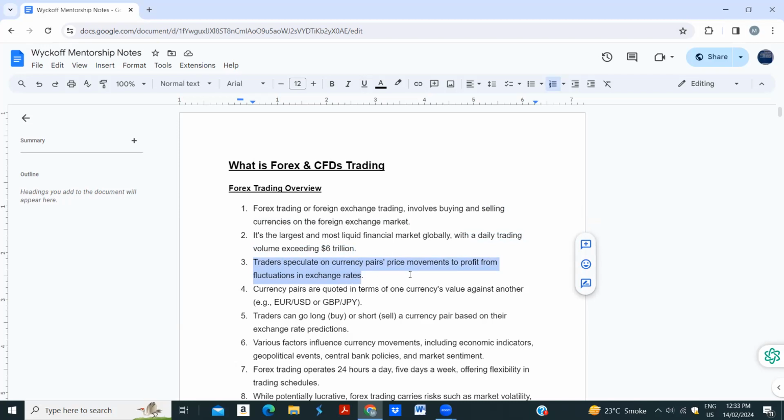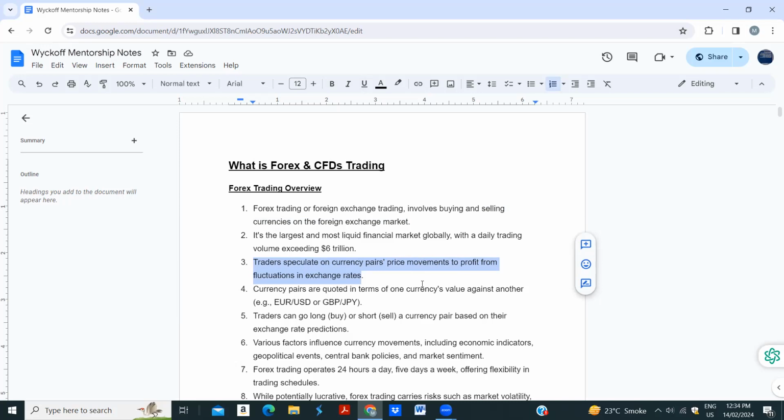Whatever exchange rates the price is giving us, or whatever exchange rates are posted in the forex market, the traders try to speculate and trade those price movements. His only aim is to profit from the fluctuations in the exchange rates.